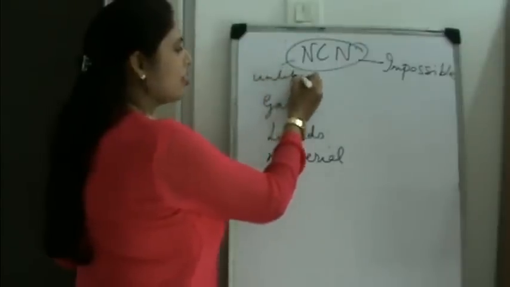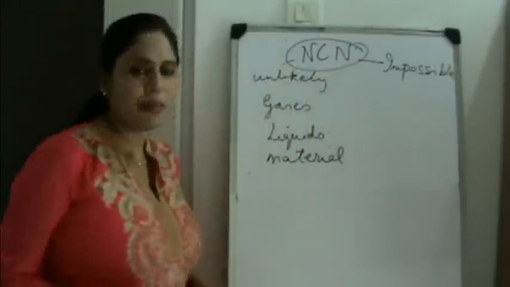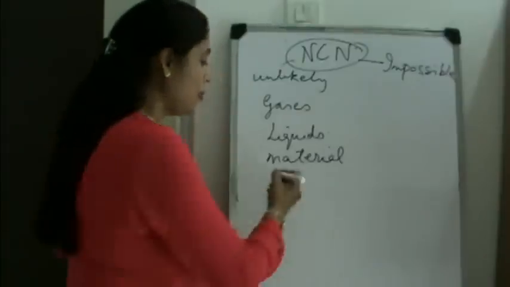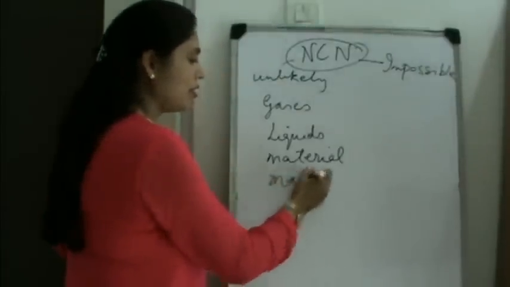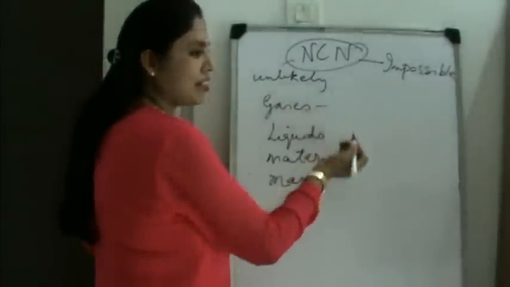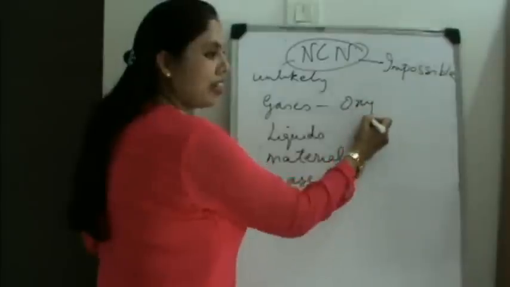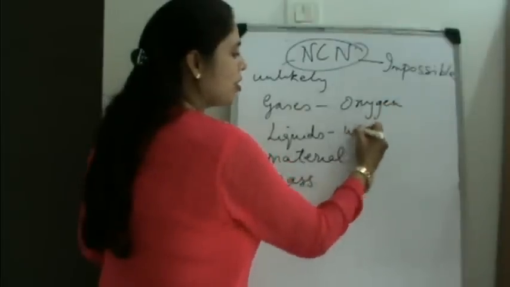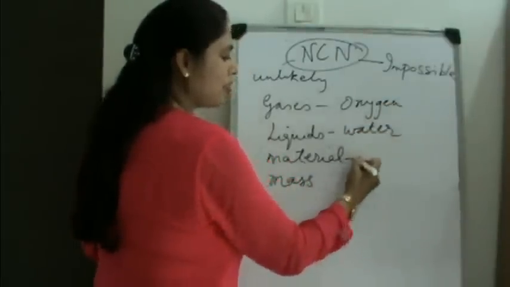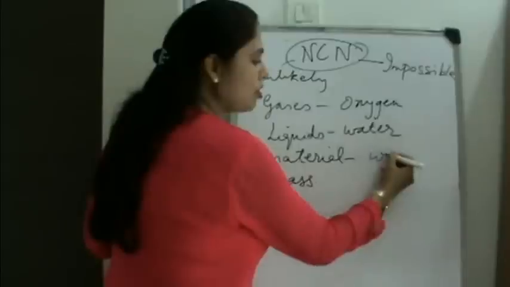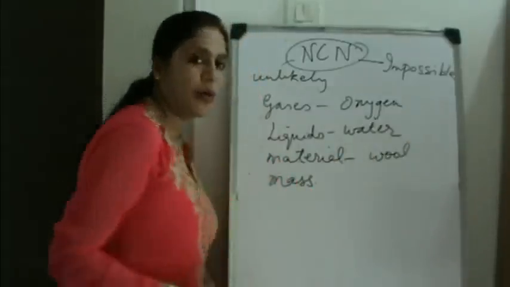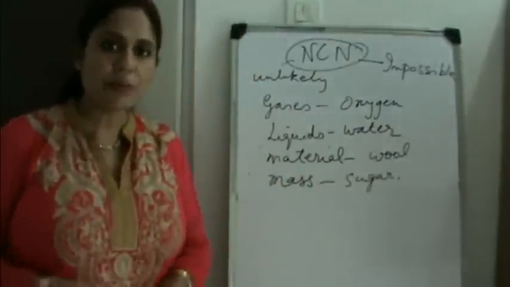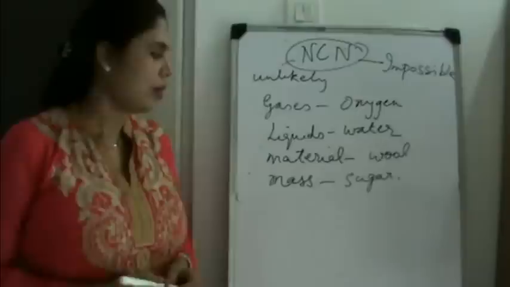Unlikely that I sit to count them, either because of minuteness of structure or because there are too many in number. So examples of gases like oxygen, methane, etc. I say liquids like water, tea, coffee, etc. Material like wood, coal, charcoal and hair, etc. There are too many in number and the structure is too small.